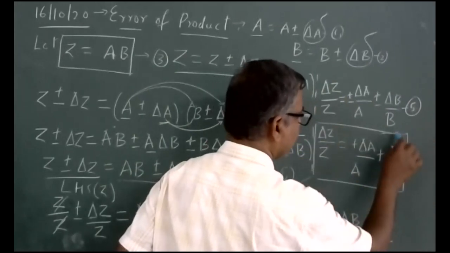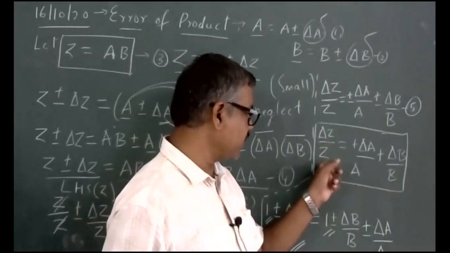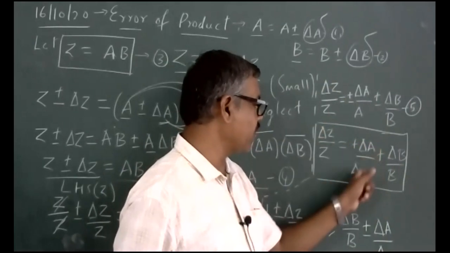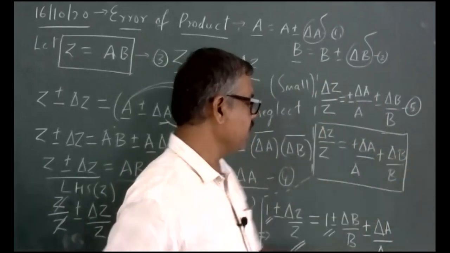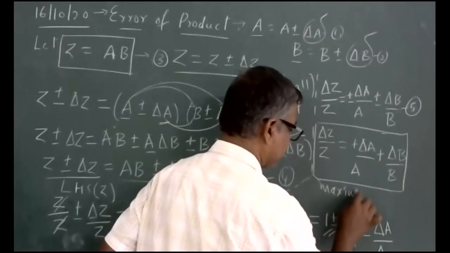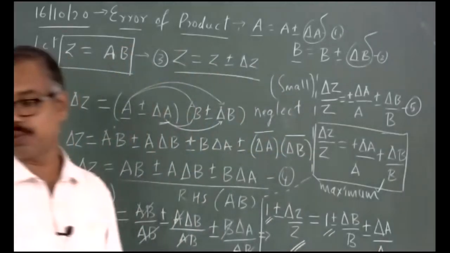I repeat, delta Z by Z is called the relative error in Z. Relative error in Z is equivalent to plus delta A by A plus delta B by B. This provides you the maximum possible error. So this is called the maximum possible error.